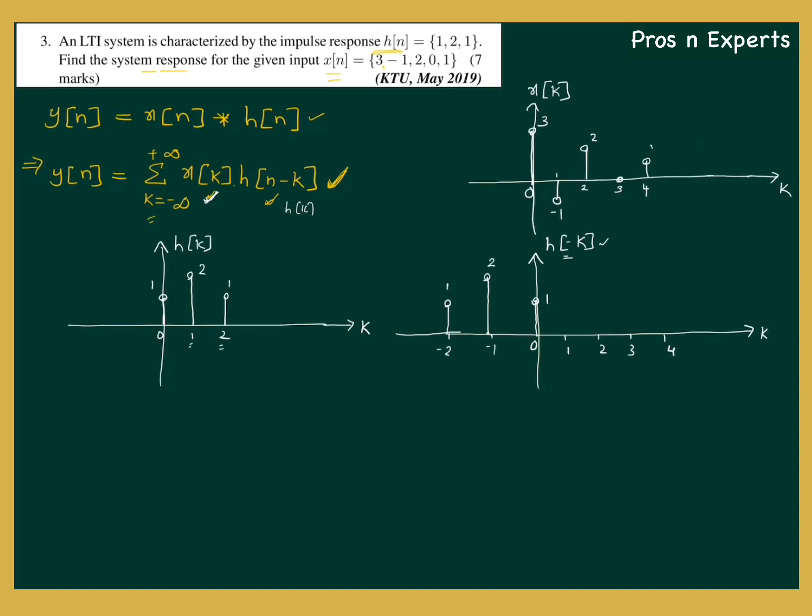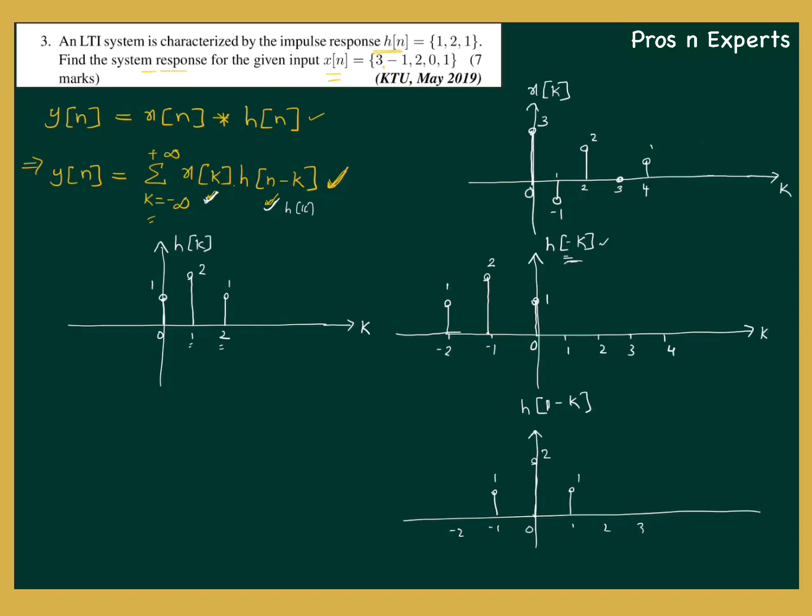And what we need is not h of minus k actually, but h of n minus k. And h of n minus k is nothing but h of minus k shifted by n units. If n is positive, you shift h of minus k by n units to the right. And if n is negative, you shift h of minus k by n units to the left. For example, h of 1 minus k. How will you find h of 1 minus k from h of minus k? 1 is a positive value, so you shift h of minus k by 1 unit to the right.